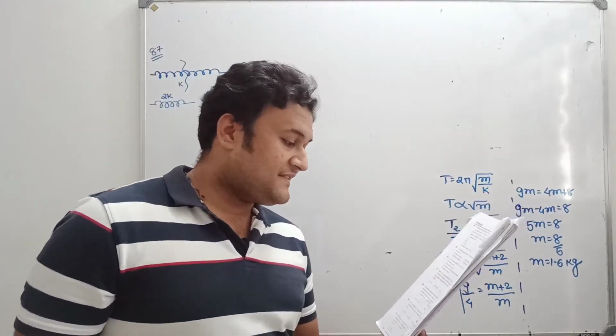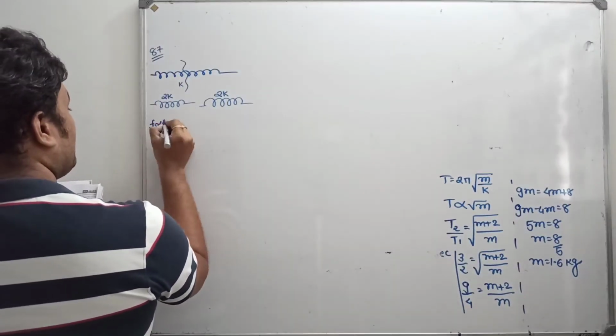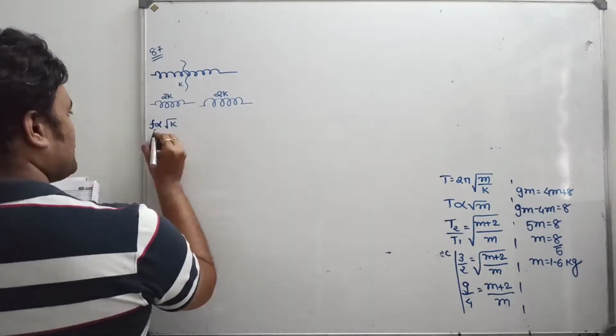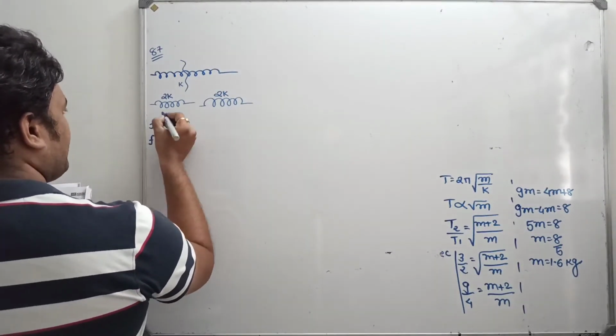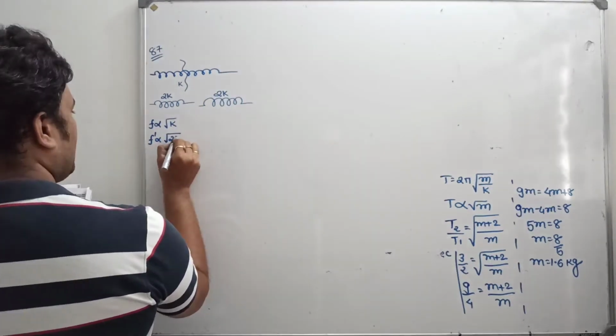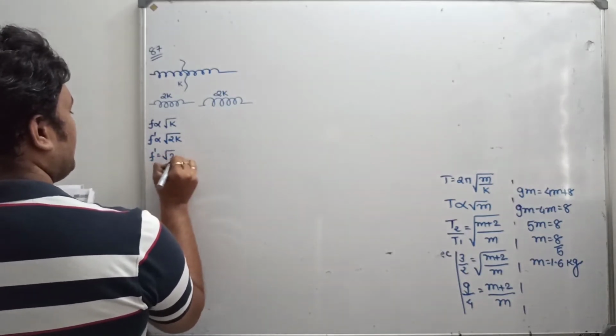The new frequency: frequency f is proportional to under root k. So the changed frequency f dash, with 2k, is proportional to root 2k. So f dash is equal to under root 2 into f.